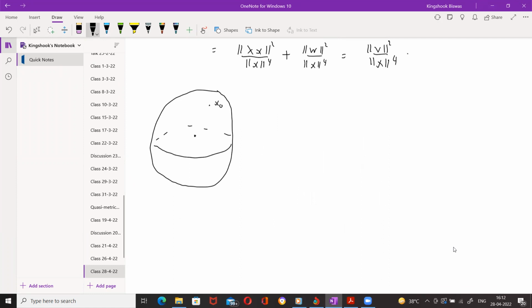You take the perpendicular bisector of these two. So the line joining the radius is a geodesic, like in two dimensions. And then you take a sphere which is perpendicular to this and which is perpendicular to the boundary. So something like this. Then take reflection with respect to that sphere. That will send x naught to 0.